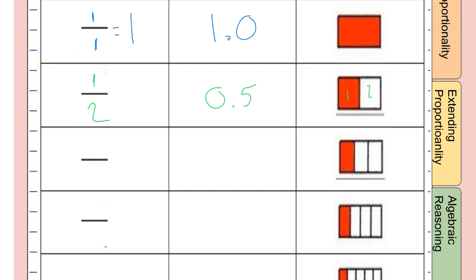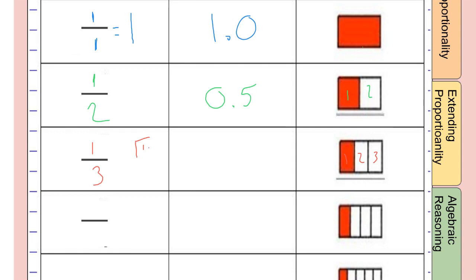Okay. The next one, one box is shaded out of 1, 2, 3. So this one is equal to 1/3. If you have 1/3 of something, you can divide it out if you want.